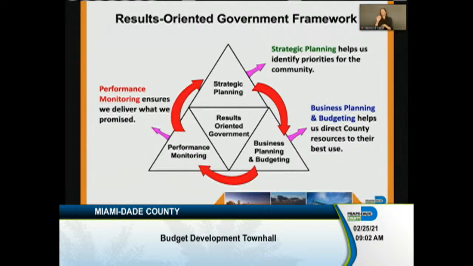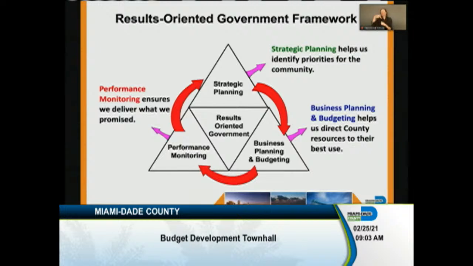First, we conduct strategic planning. This is a detailed process that helps us identify what is most important to our residents and visitors. It's long-term and gives us the overall direction in service areas such as transportation, human services, libraries and parks, public safety, and many more.